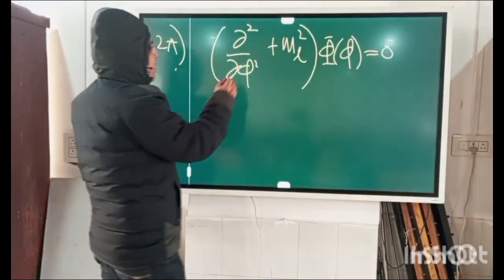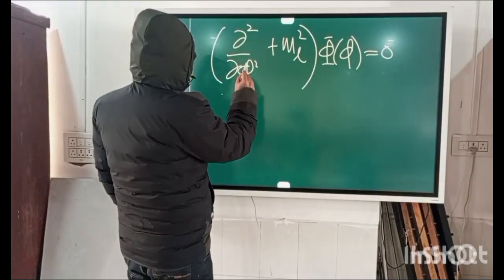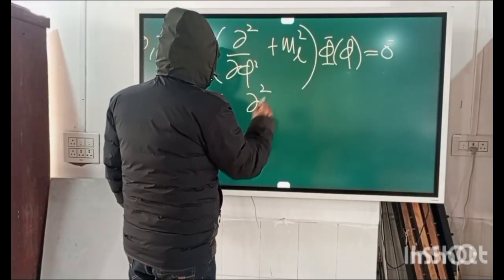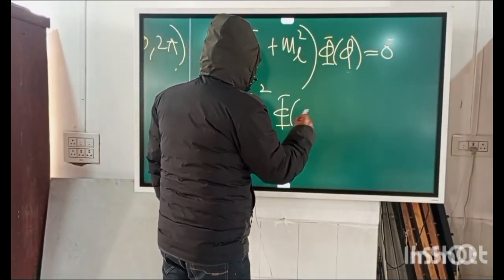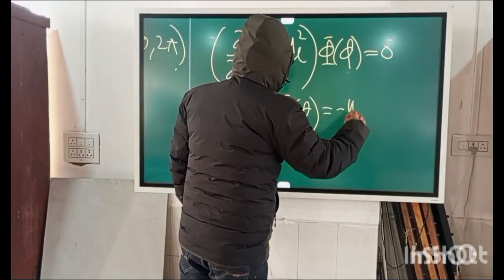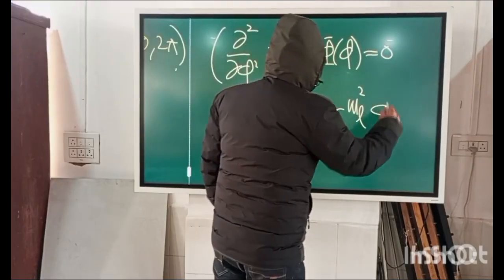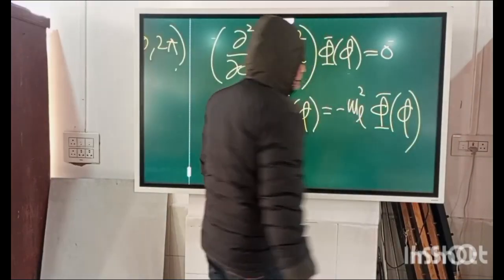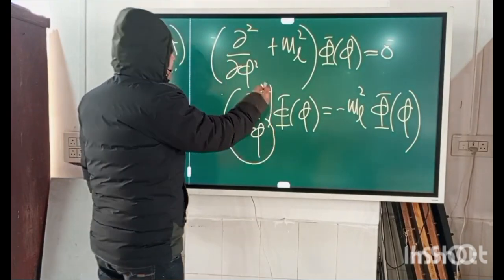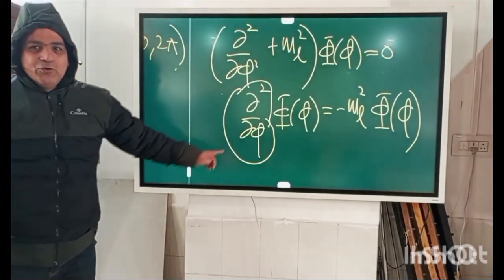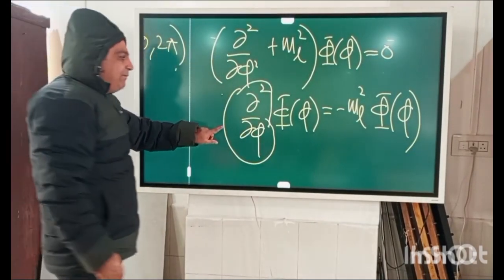Now, can I write that ∂²/∂φ² Φ(φ) equals −ml² Φ(φ)? I can do this. Now, as you have calculated Lz², I can use that Lz².